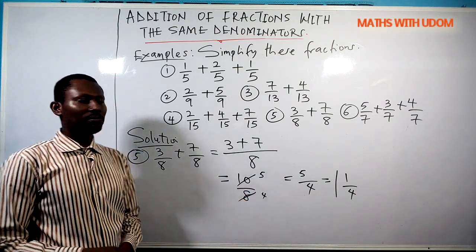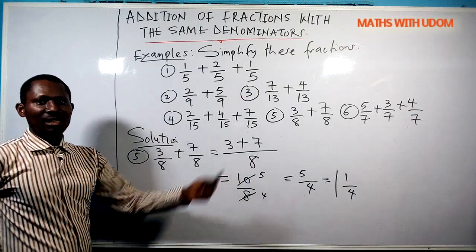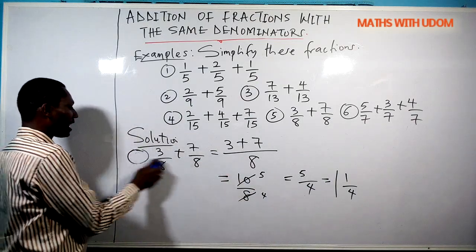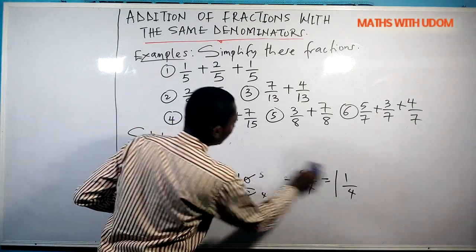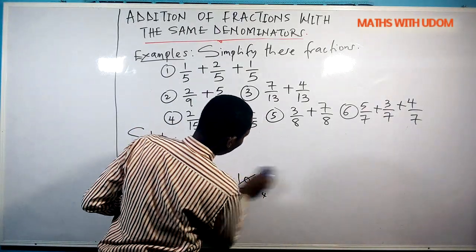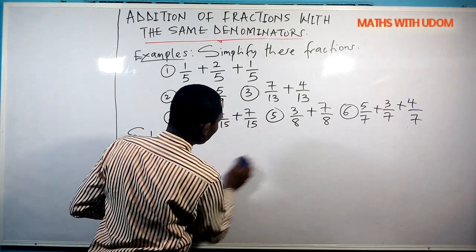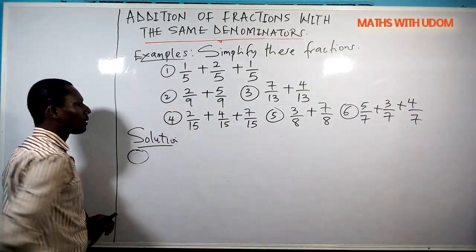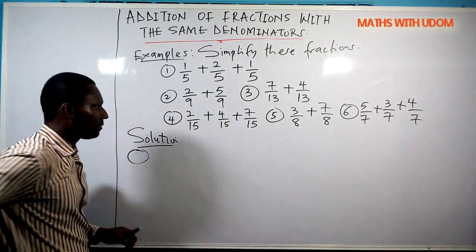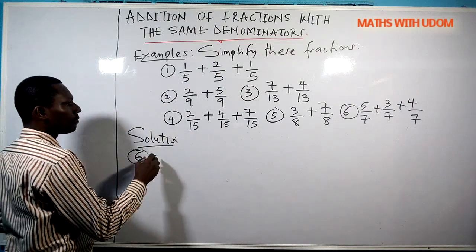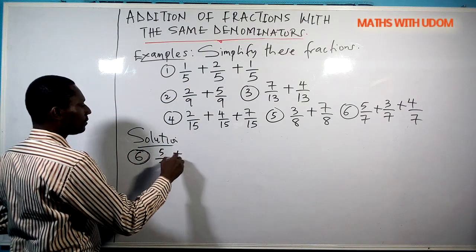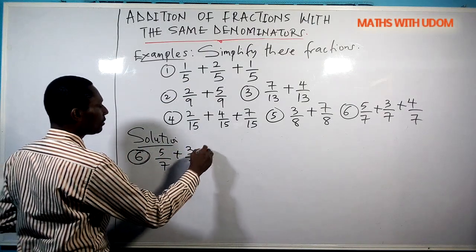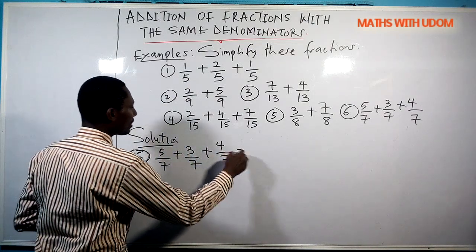Is that okay? So let's move straight to the last example before your assignments. Example 6. Okay, what do we have in example 6? We have 5 over 7 plus 3 over 7 plus 4 over 7.